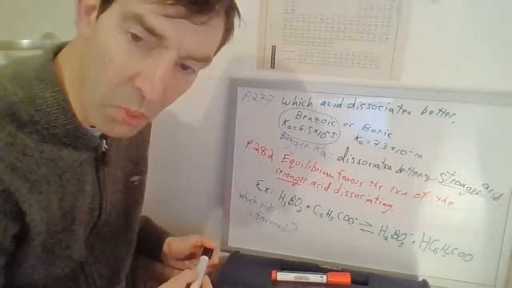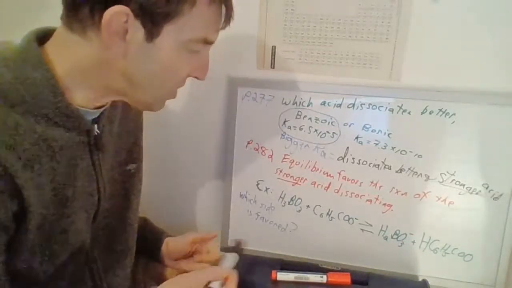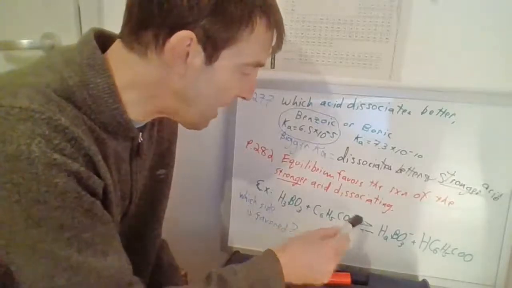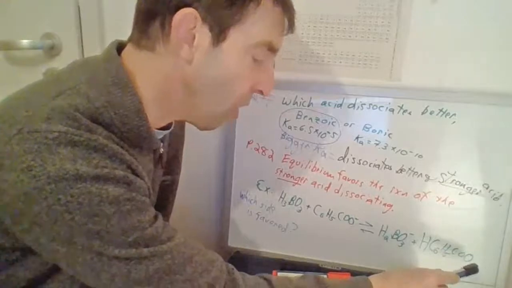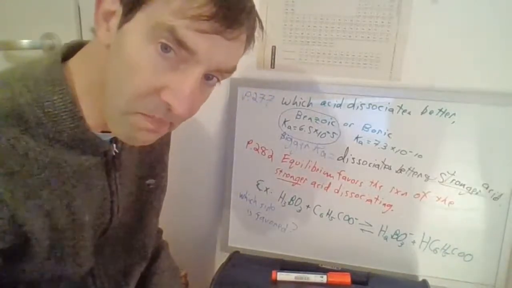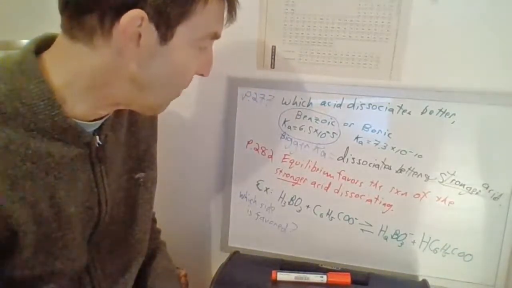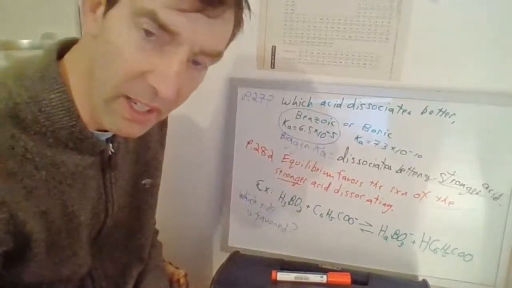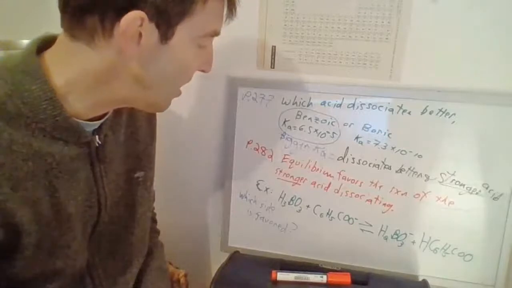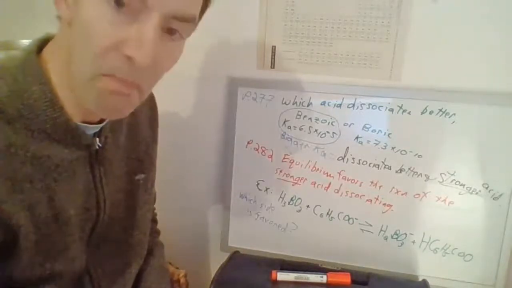I bet you know which one is the acid. And I got C6H5COO minus, and here I got HC6H5COO. So I bet you know which is the acid there. One of those is benzoic and one is boric. Well, it's pretty clear which one is boric, right? It's got the B's in it. The other one is then benzoic.